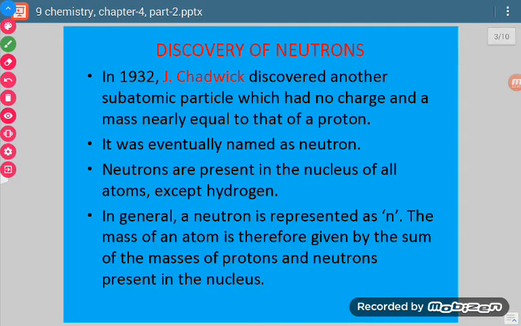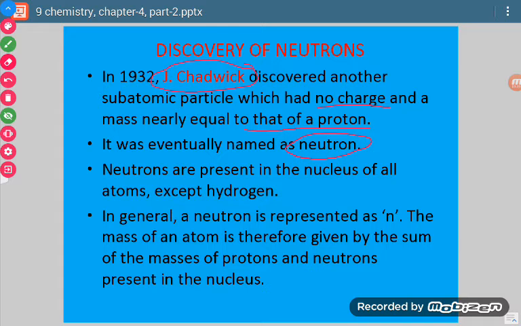Now after some time, when Bohr gave his model, there was discovery of another subatomic particle, and that subatomic particle was discovered by James Chadwick. Okay, that particle which he discovered had no charge and the mass of that particle was nearly equal to the mass of proton, and he named this subatomic particle neutron.